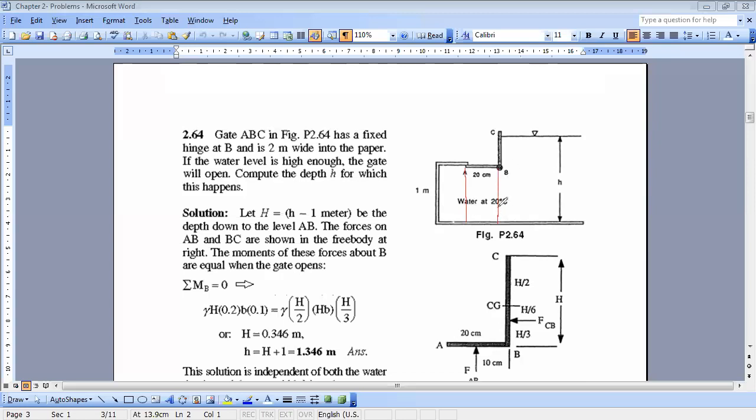Okay. If I want to do the analysis of this fluid, what do I say? I say that I have the action of AB on it, and I don't know it. I want to find it. This is FAB. And in the vertical, of course, I have the weight of this filling part, W. And I have the force from the bottom level on this area, which is an area equal to AB.